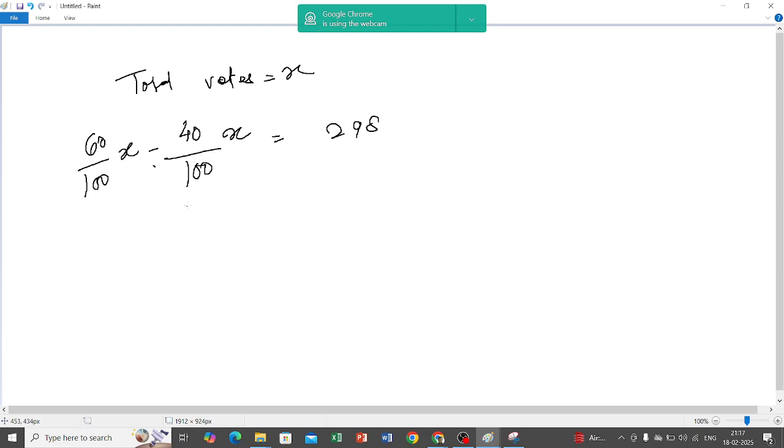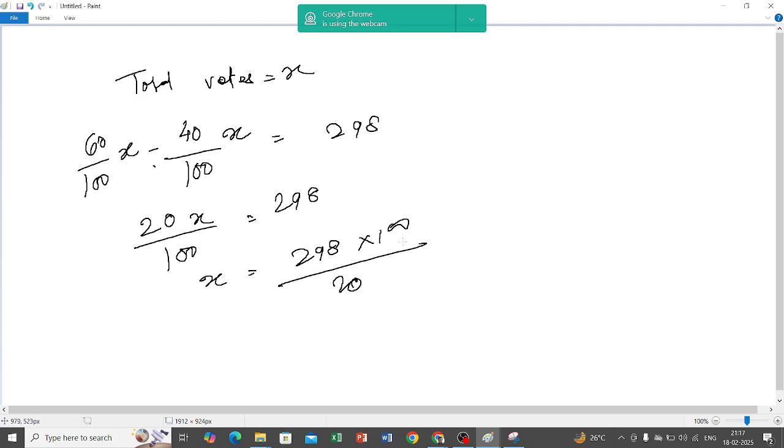So the difference is 20x by 100 equals 298. So x is 298 into 100 by 20, which is 1490.